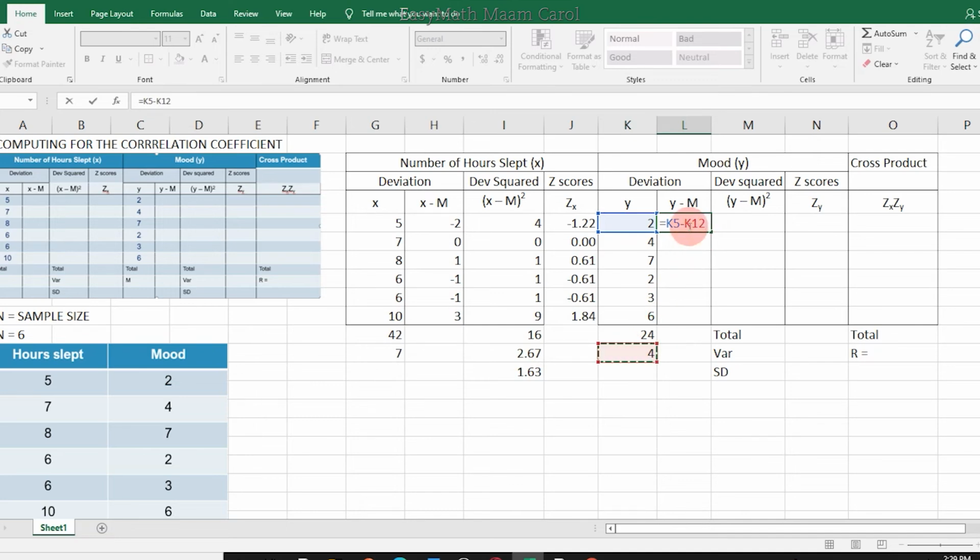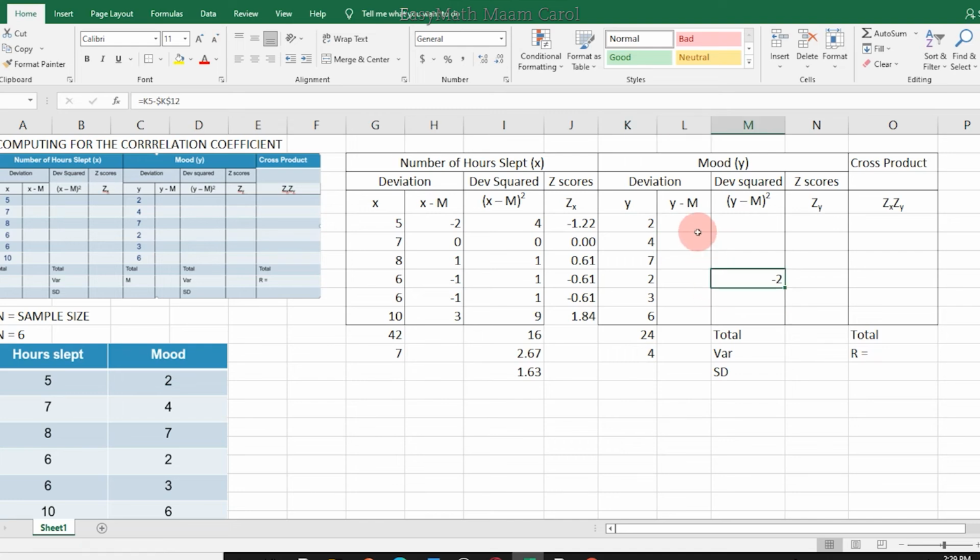Click first, before we put the dollar sign. Sorry for that. There. Then enter. Drag again downward to get the values. And then, again, you multiply this one by itself.